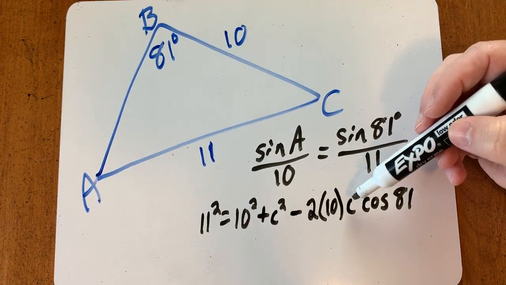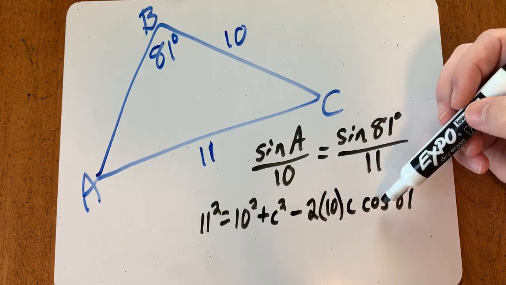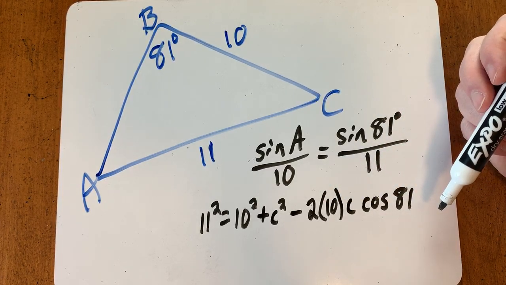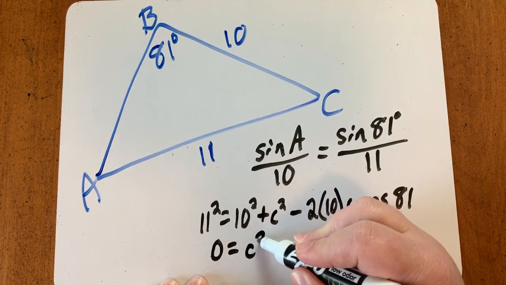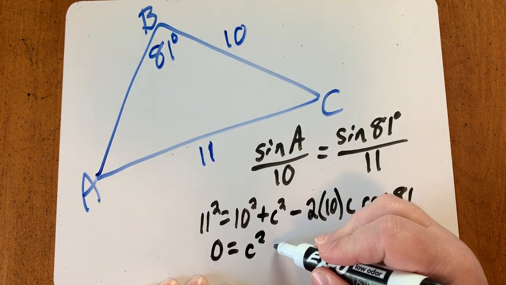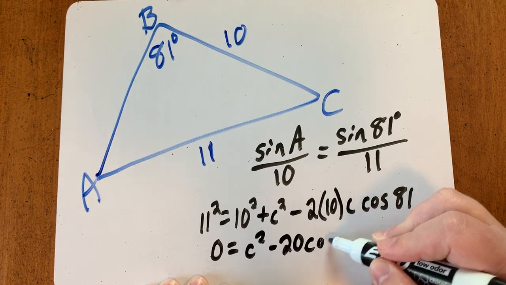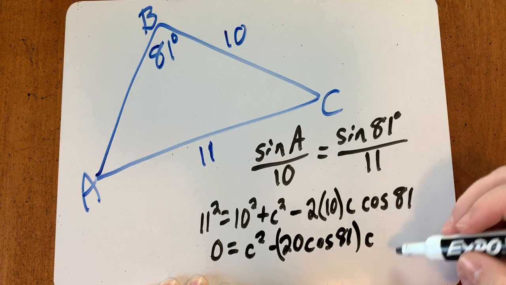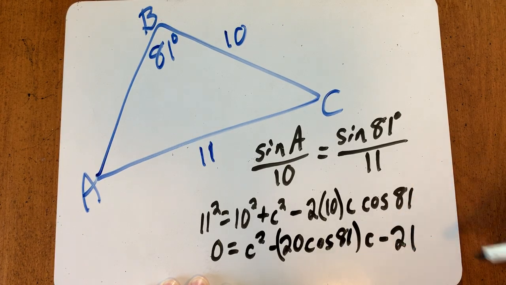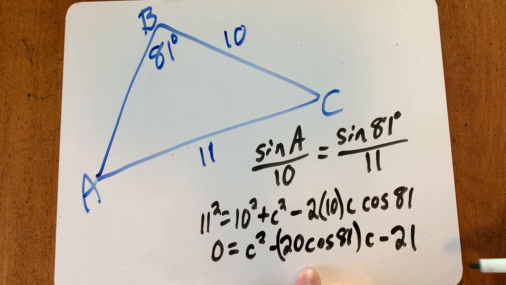And if the coefficient of the middle term is 20 cosine of 81, so this is 0 equals, I'm just going to simplify it, negative 20 cosine 81 times C, and then minus 21. This is the quadratic. I don't think it's going to be factorable if our middle coefficient is negative 20 cosine of 81.